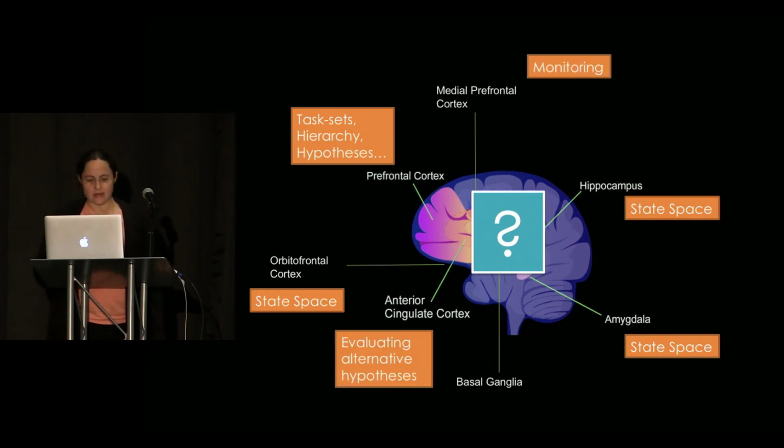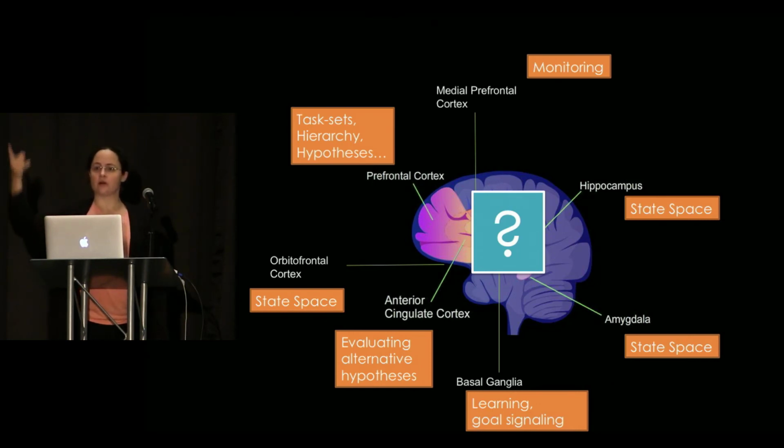Medial prefrontal cortex and anterior cingulate cortex seem to be very important in monitoring your uncertainty, but also probably in many other aspects. And the basal ganglia, in particular the loop networks between the cortex and the basal ganglia, are probably very important for learning, potentially at multiple hierarchical levels in parallel.